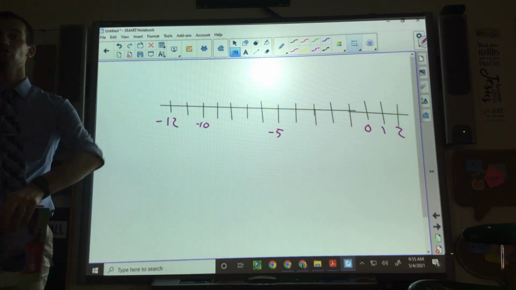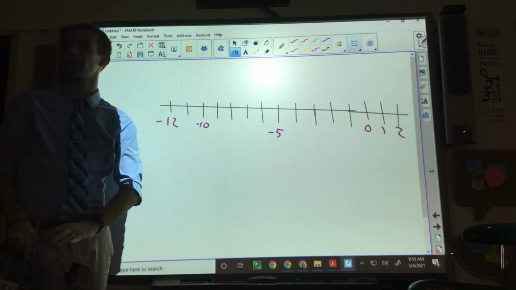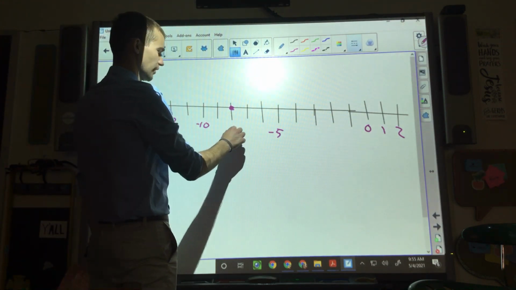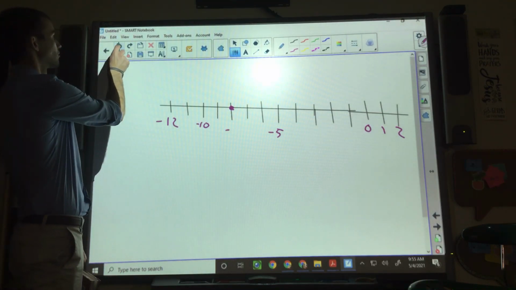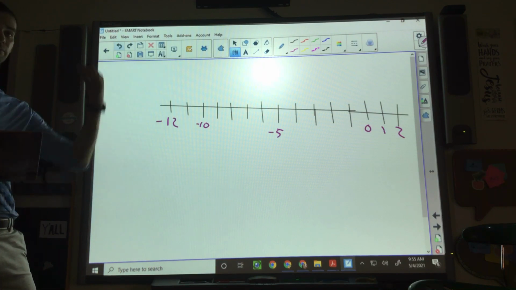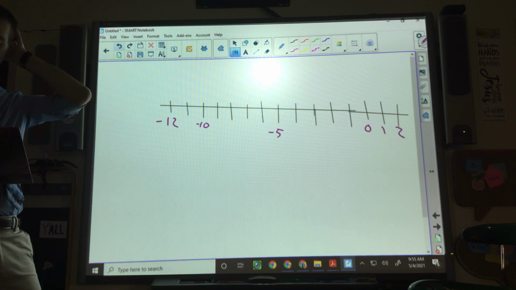So when you guys are drawing your number lines, I don't need you to draw every single number, but if you're including a number on here, let's say you have negative 7, then I want you to actually put the number at negative 8 there so we can see it. Then would you put negative 4? I could, I don't necessarily have to. Wouldn't it make it easier to find where things are? It could.